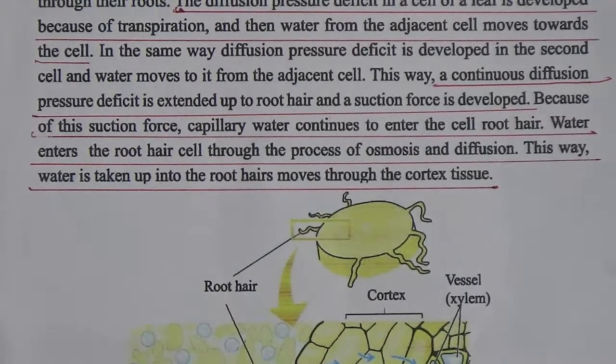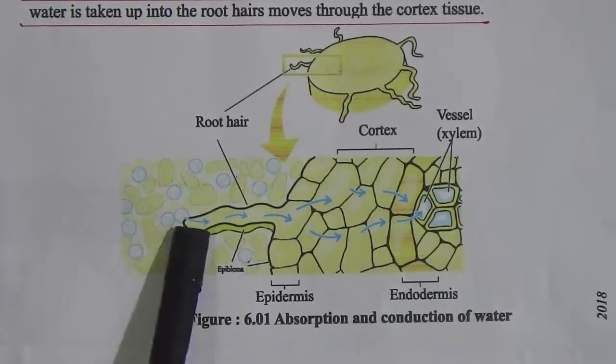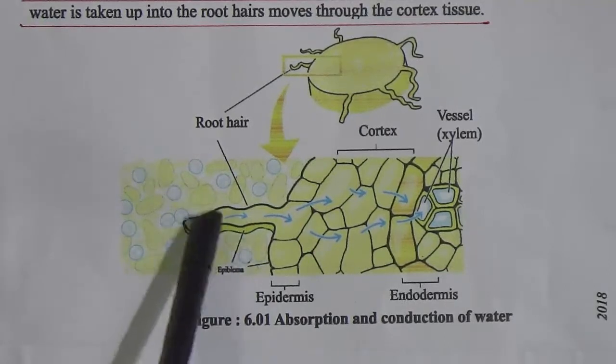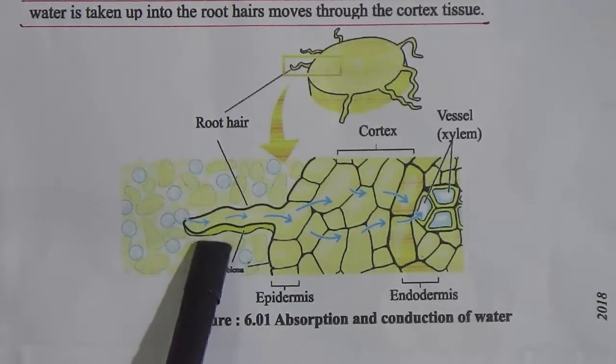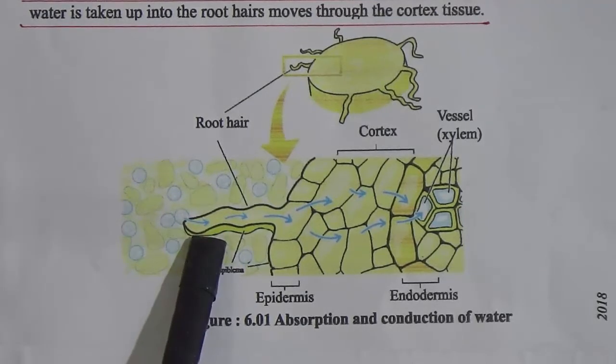Now look, this is the root hair and this is the capillary water, and this capillary water is first absorbed through imbibition, because the outer portion, the cell wall, is a permeable membrane.